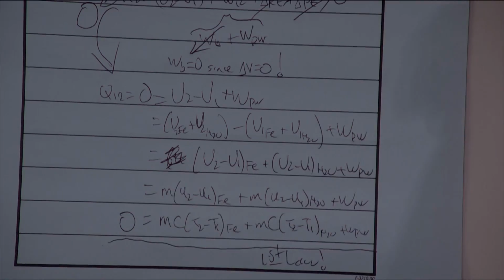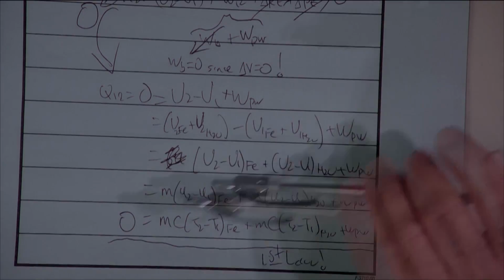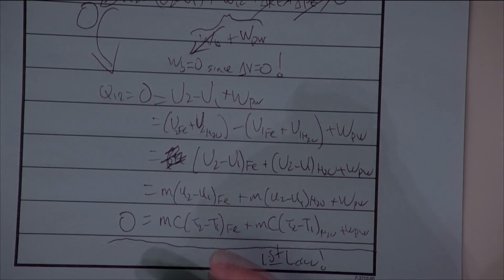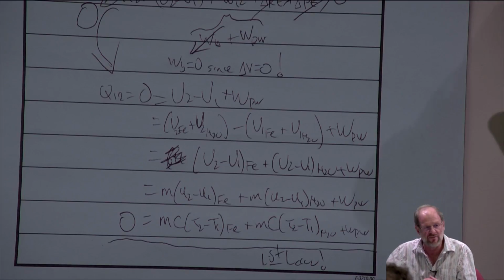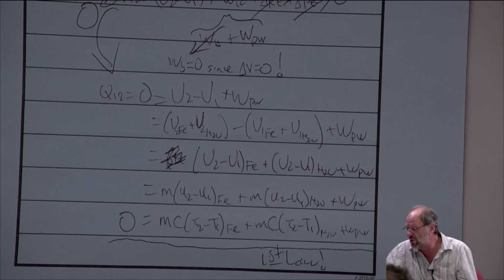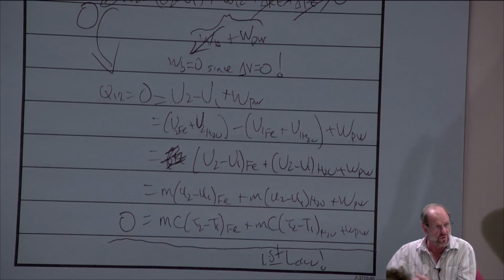Now, in all honesty, just think about this. At these temperatures, let's assume that this is taking place at atmospheric conditions, right? It's just a tank of water sitting there in the atmosphere. Any temperature less than 100 degrees Celsius is going to represent compressed liquid water. But we don't have good compressed liquid tables, although we do remember that compressed liquid water has the same properties as saturated liquid water at the same temperature.